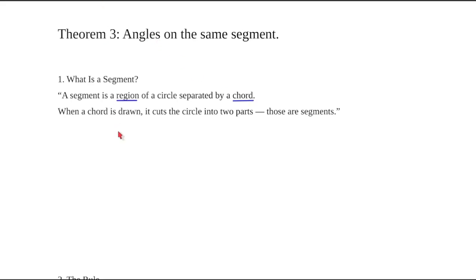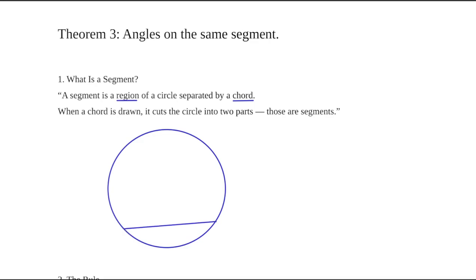If I draw a circle and then on this circle I just draw a chord randomly, the chord is going to divide the circle into two parts, this part and this one here.